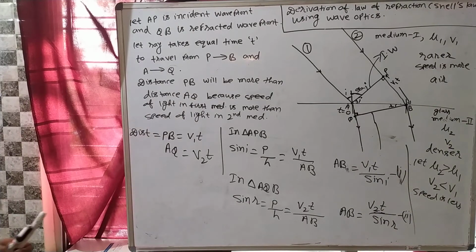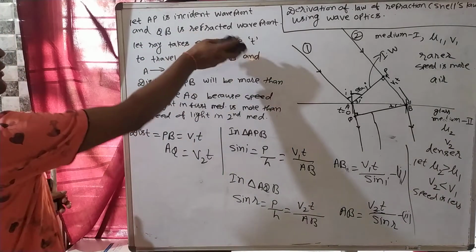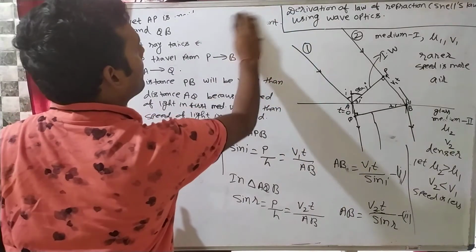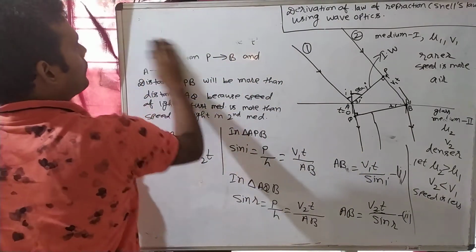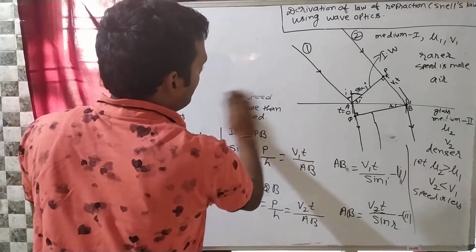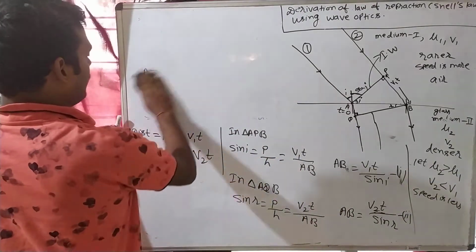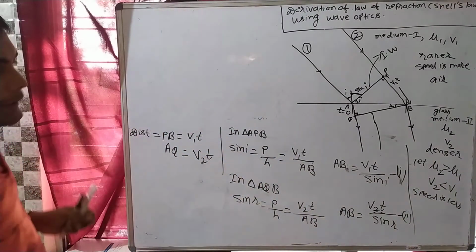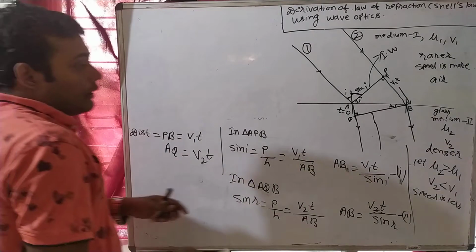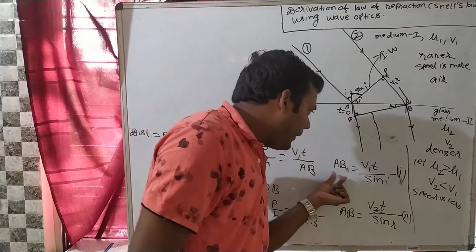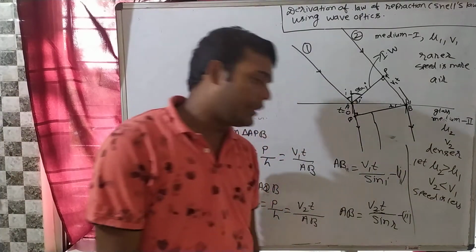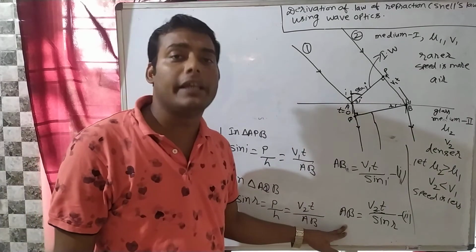Okay. Now see this thing. This is also AB equal to this, and this is also AB equal to this. So the LHS is the same in both equations.